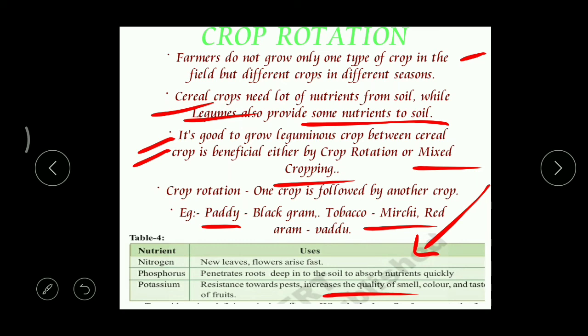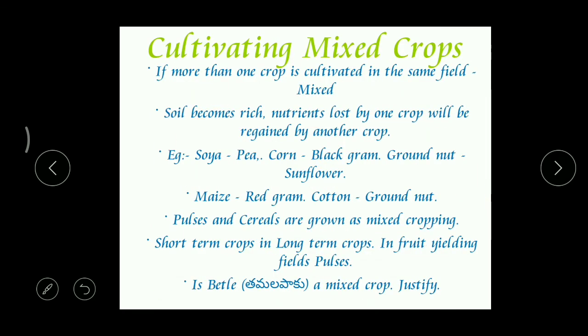And you also observe the smell. You smell whether they are giving a sweet smell or not. Okay, and even the taste. All these properties are because of what? Because of this nutrient called potassium. There is potassium, right?